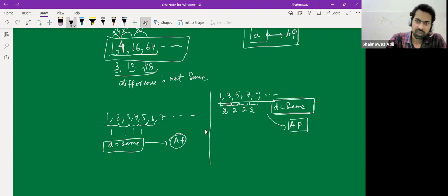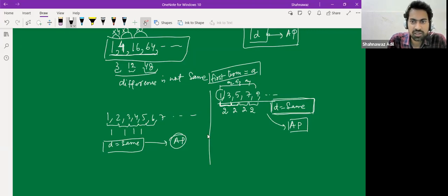So for this progression, these are called terms, right? So this would be the first term, and it is represented by A1. And this is A2, the second term, then A3, then A4.